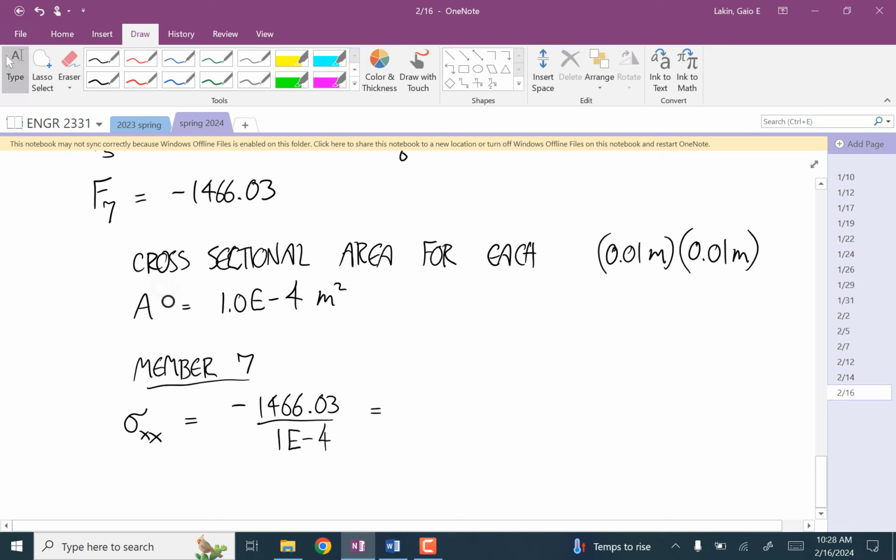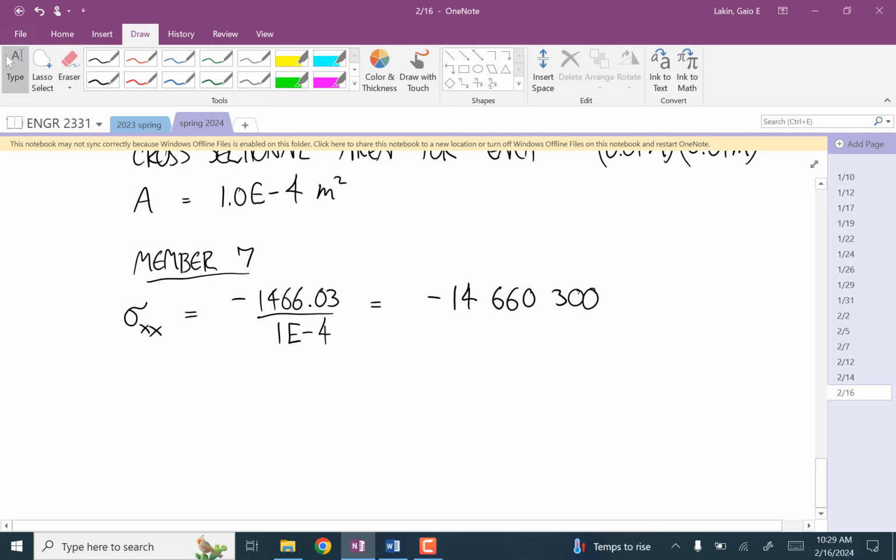And that is negative, I think that's 14,660,300, right? This is in pascals, or, you know, negative 14.6 megapascals.